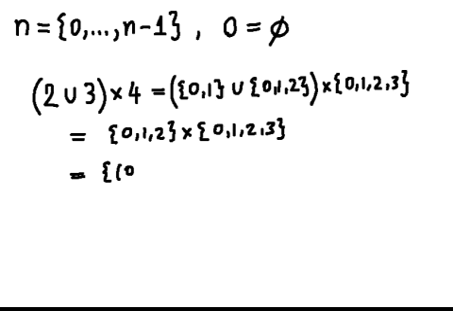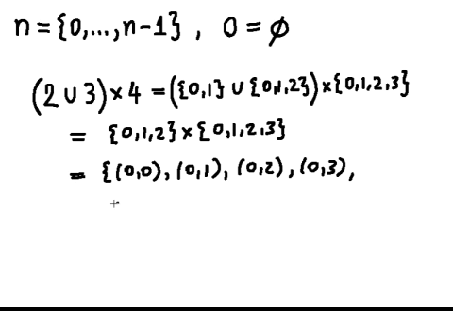So that will be (0, 0), (0, 1), (0, 2), (0, 3), then (1, 0), and so on, right? So we're going to list all combinations, (2, 0), and so on. And if we follow listing elements in this specific order, the last one is going to be (2, 3).